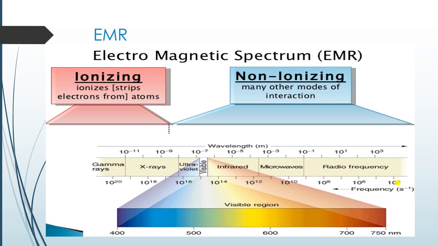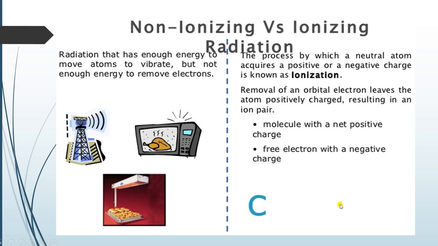Okay, so that is the part on ionizing and non-ionizing. There is a difference that explains radiation that has enough energy. अब दोनों में भी एनर्जी है, लेकिन हमने पहले ही डिस्कस किया, ionizing radiation has higher energy, non-ionizing has lesser energy. Non-ionizing radiation has enough energy to move atoms, to vibrate.